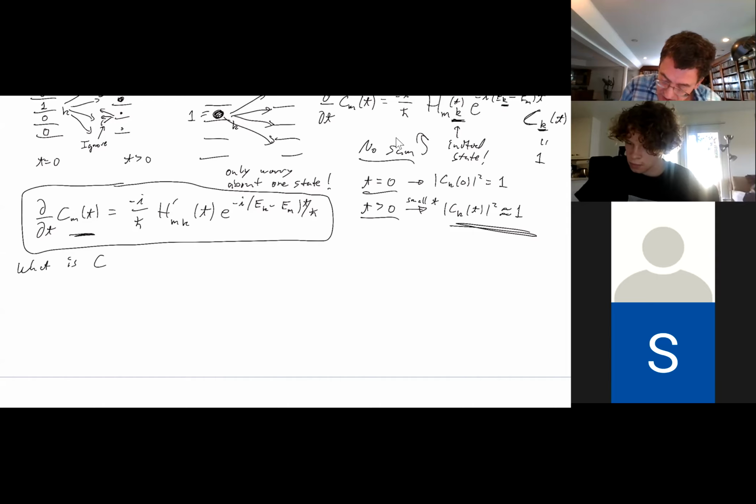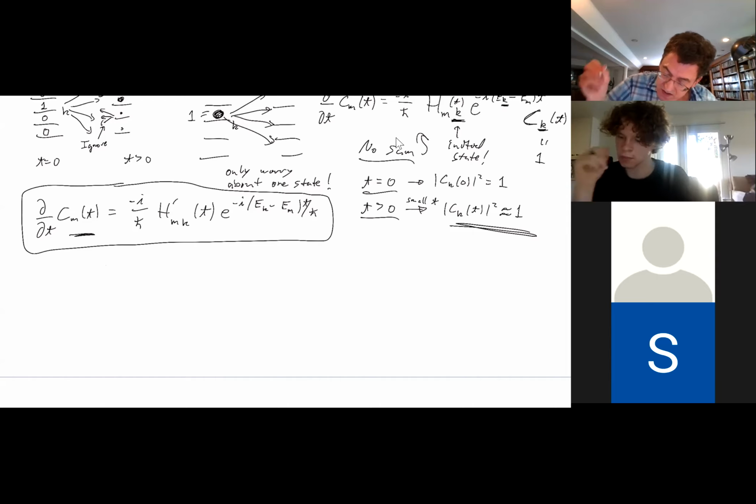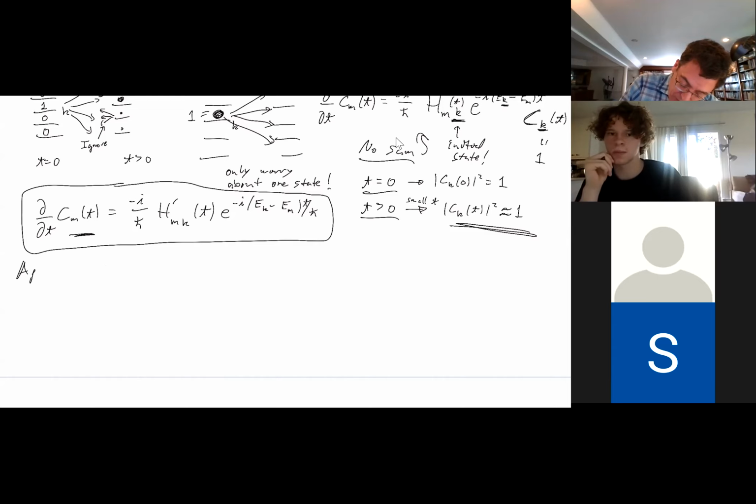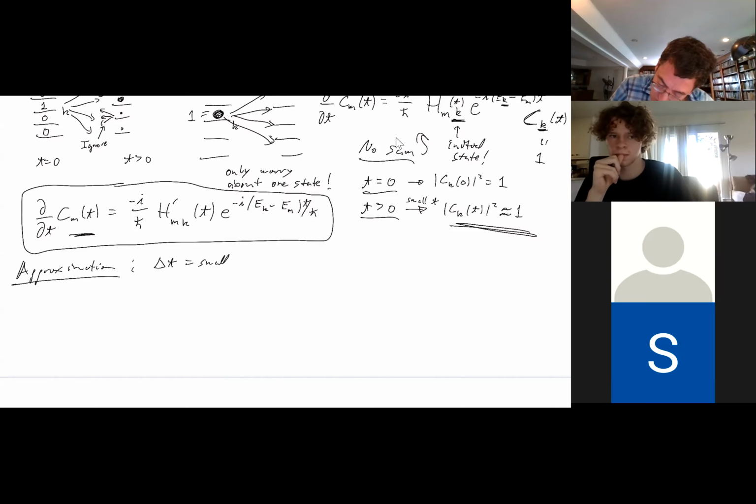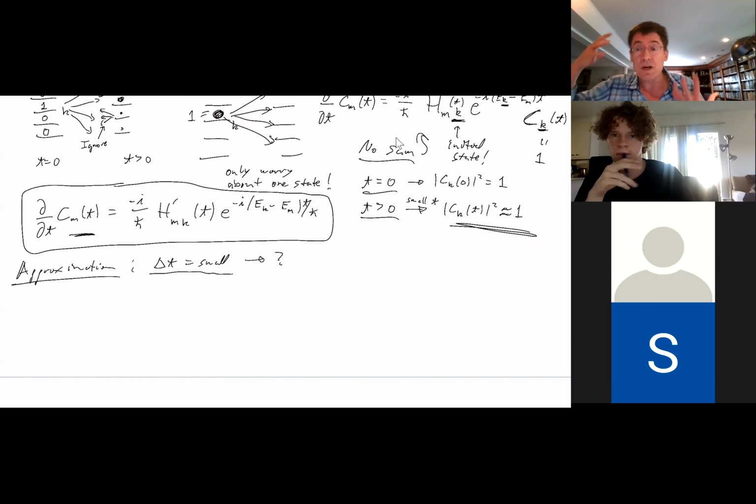Before we do anything, let's consider the approximation. Let's go back to the approximation, because the approximation was that the time, delta t, is small. That's what I said. So what does that mean? Let's quickly analyze it.